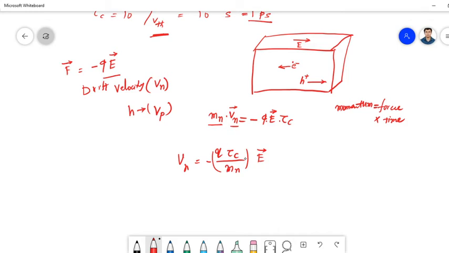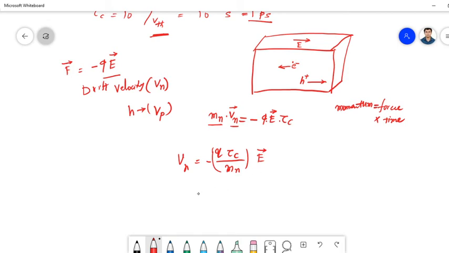I am putting it in brackets because the term within the parenthesis is basically a constant. The electronic charge is constant, tau c is constant at a particular temperature for a particular material, and the effective mass of the electron is also constant.